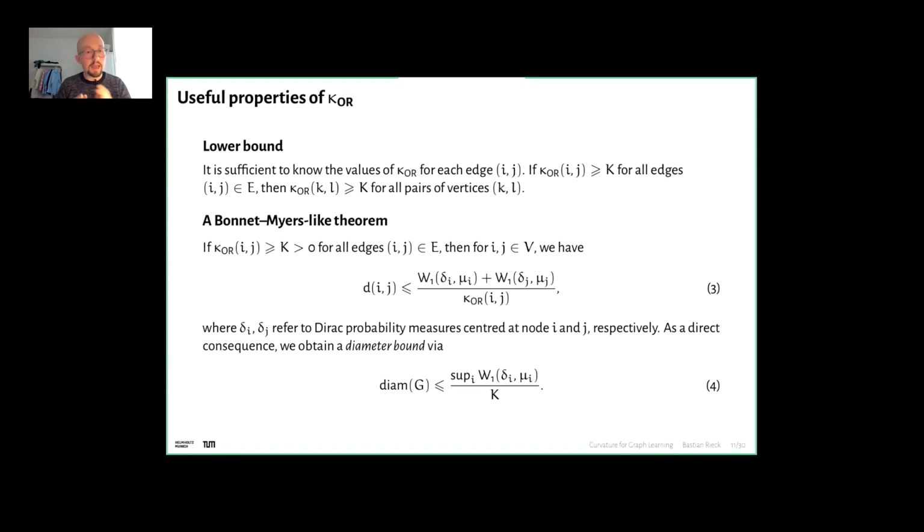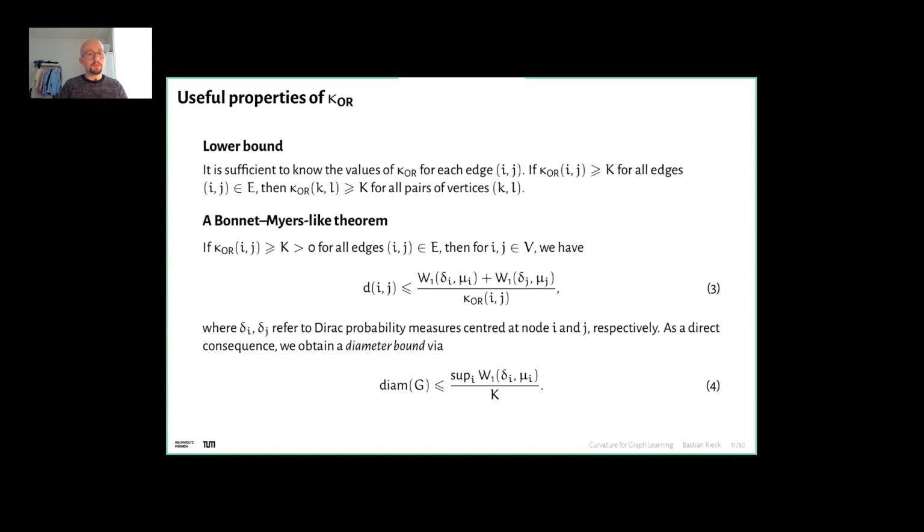We also have a Bonnet-Myers-like theorem, I should call it, because if we know that we have a lower bounded positive curvature in the graph for all the edges, then we have a statement that relates the local distance between nodes with a kind of jump probability between two of the probability measures.